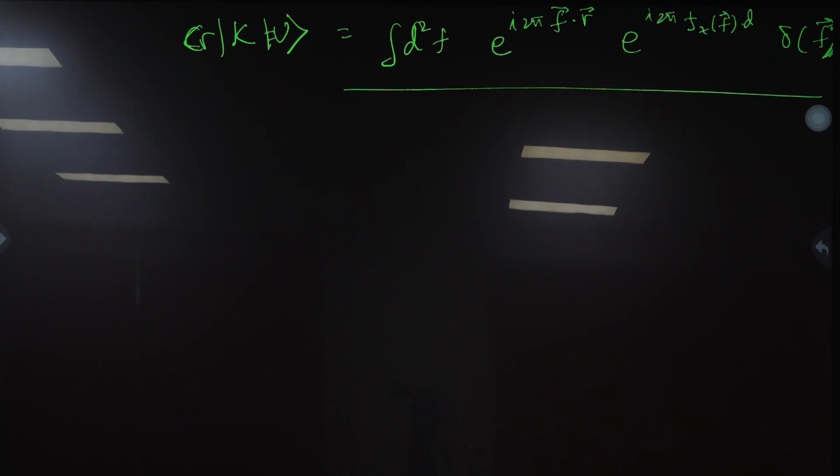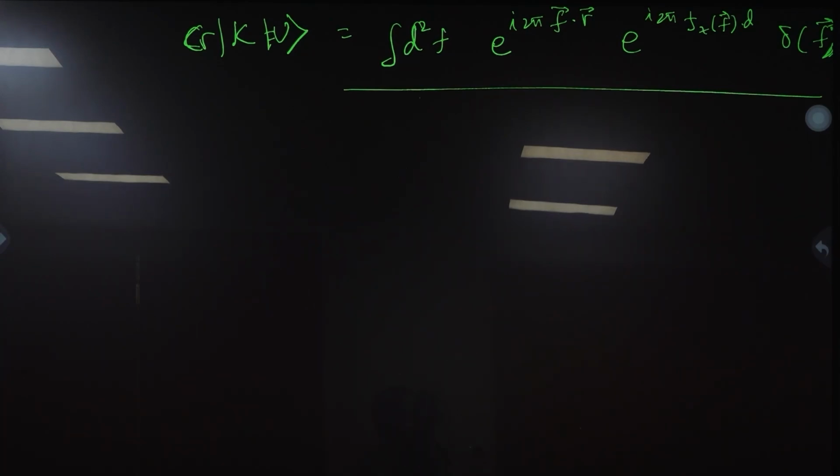Whenever you have a delta function inside an integral, everything other than the delta function, take that and substitute where the delta function becomes non-zero. Plug that value into the rest of the function, right? So that's how you do it.